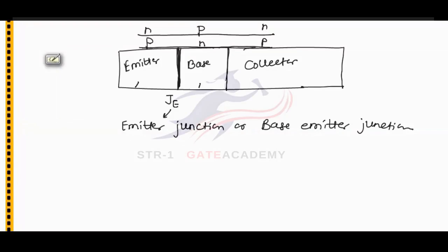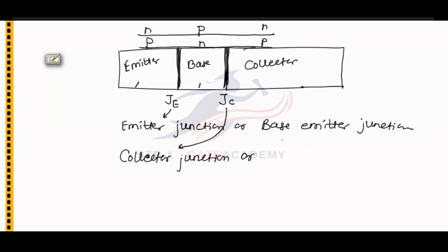And the base region and collector region form a junction written as JC, and this junction is called the collector junction or collector base junction.